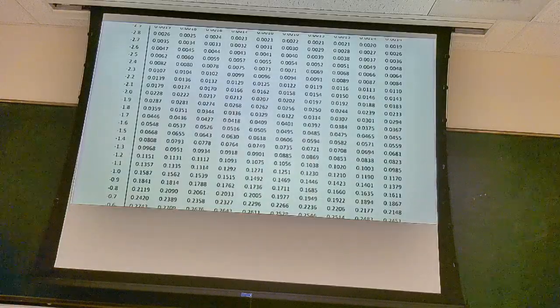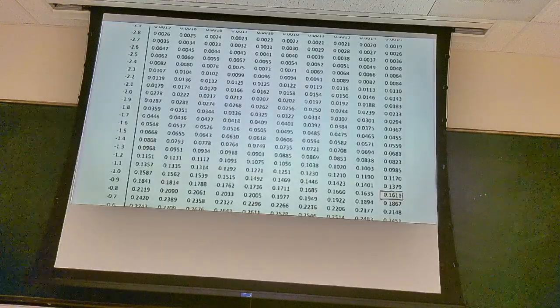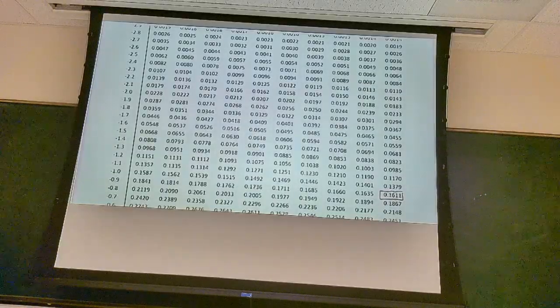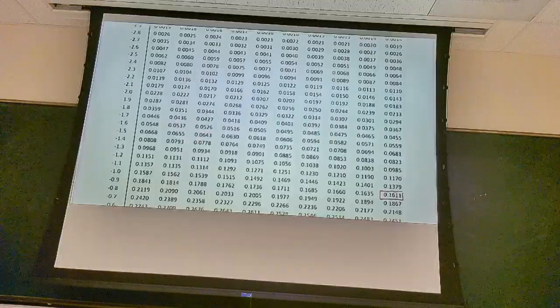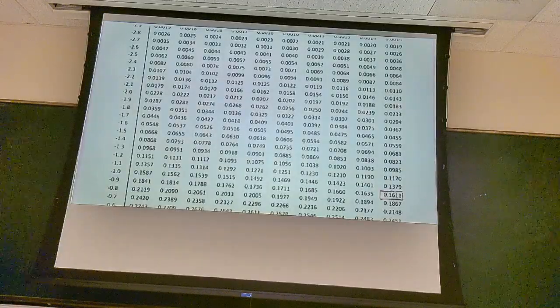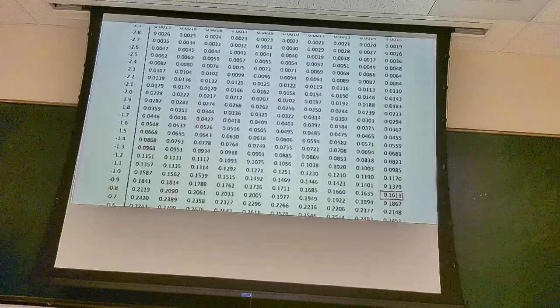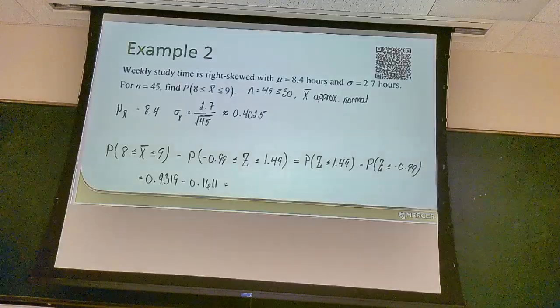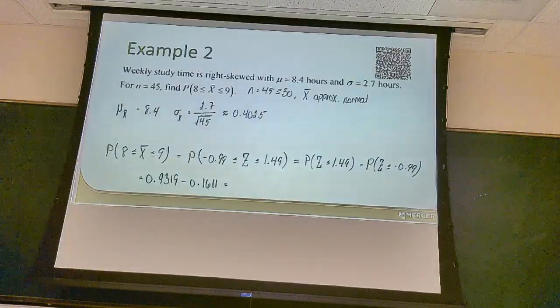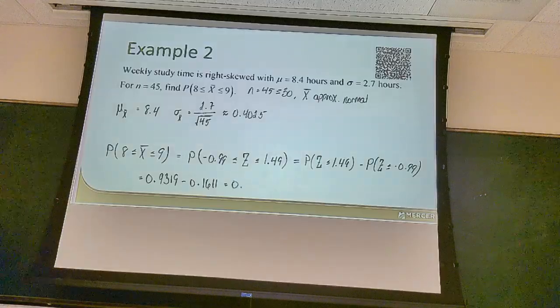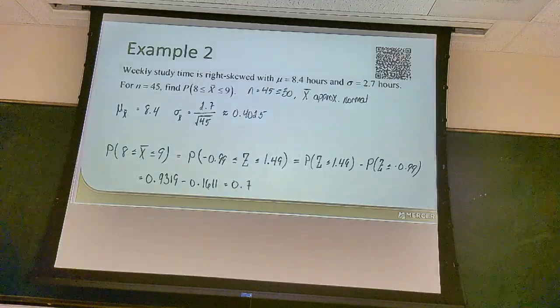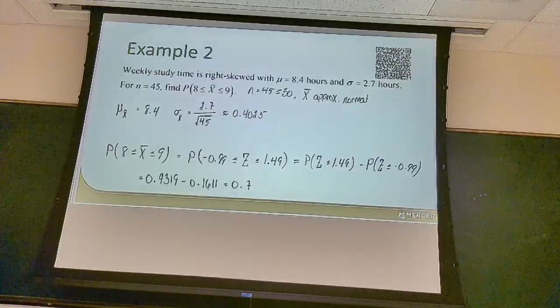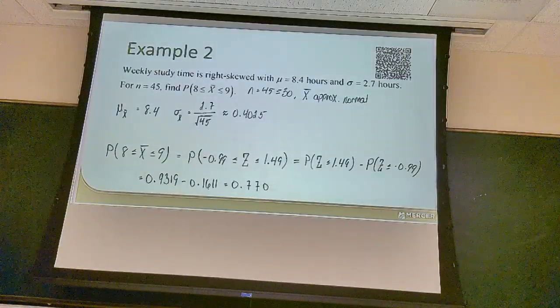There's negative 0.9. .1611. That difference. Seven, zero, it should be right.